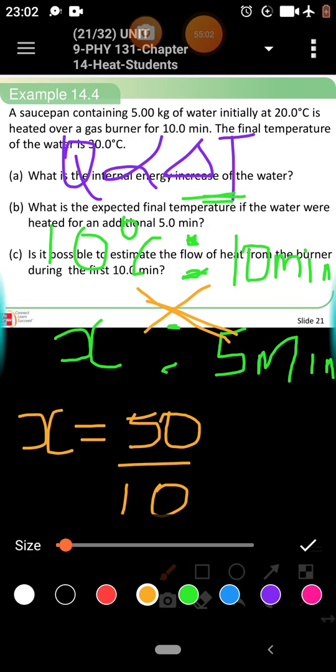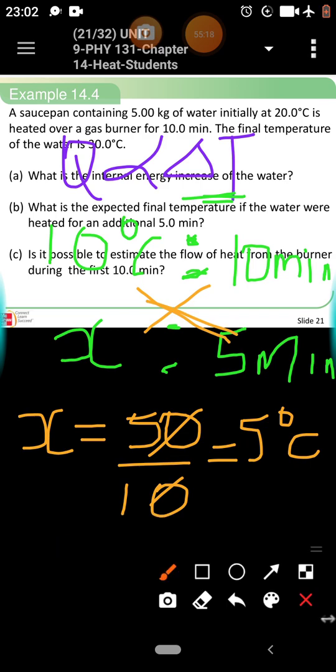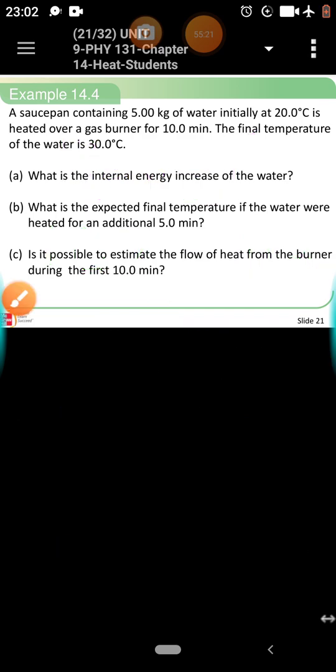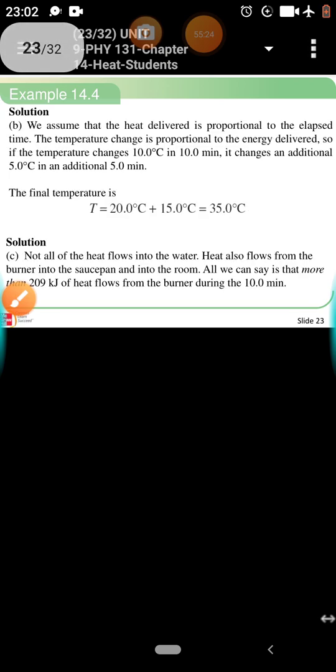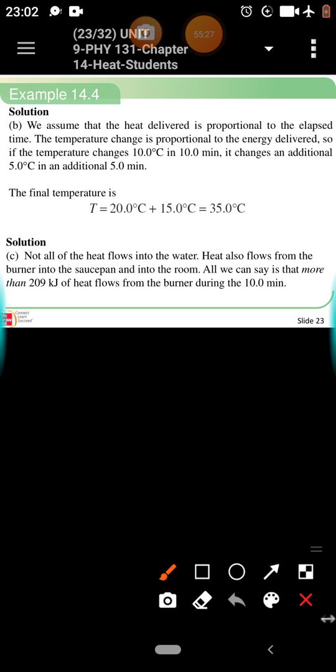The minutes cancel, and we are left with 5 degrees. So in 5 minutes, 5 degrees was added. Let's go back to how they did it. Yes, this is the same thing: it changes an additional 5 degrees in 5 minutes.